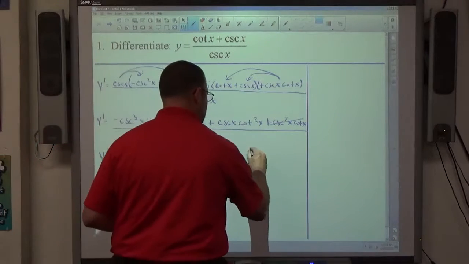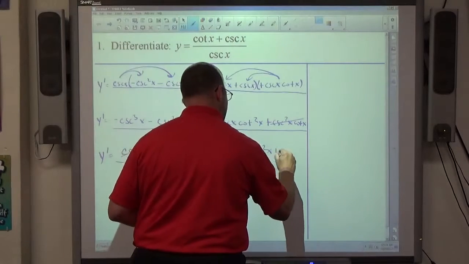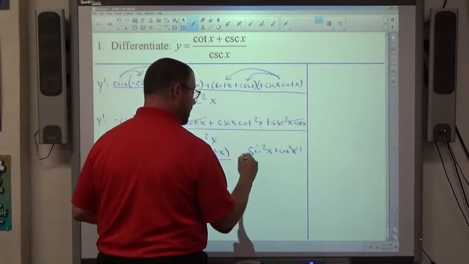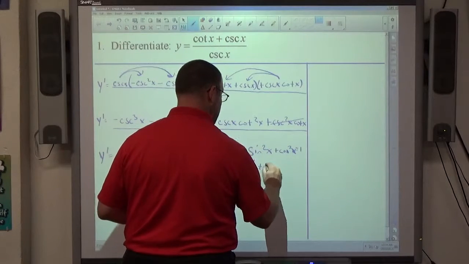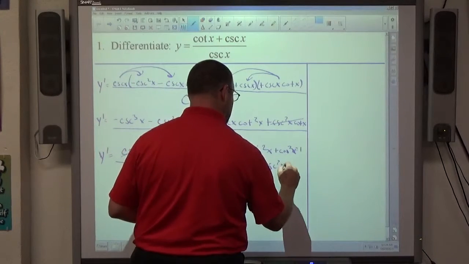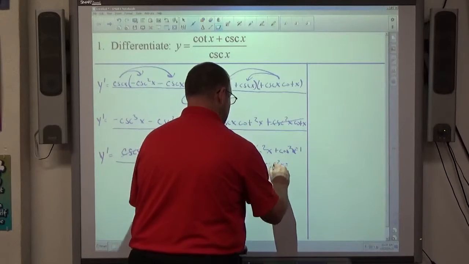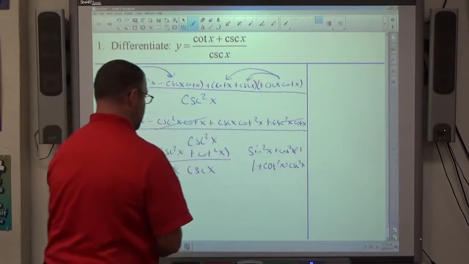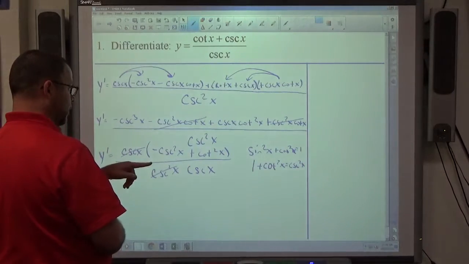If I just start with sine squared plus cosine squared equals 1 and divide everything by sine squared, it gives me 1 plus cotangent squared x equals cosecant squared x. So if we move the cotangent, it has to be negative 1.